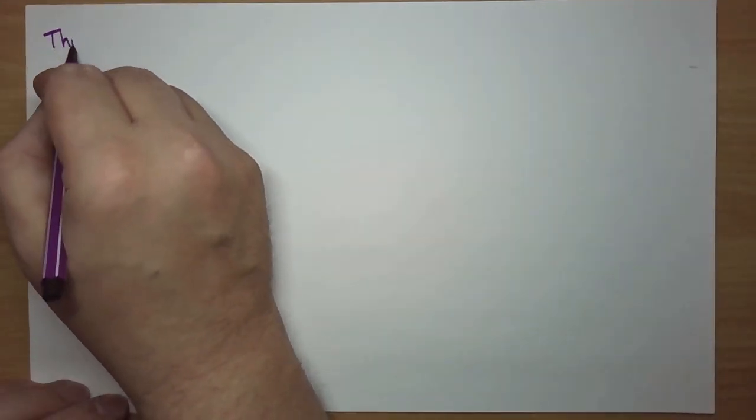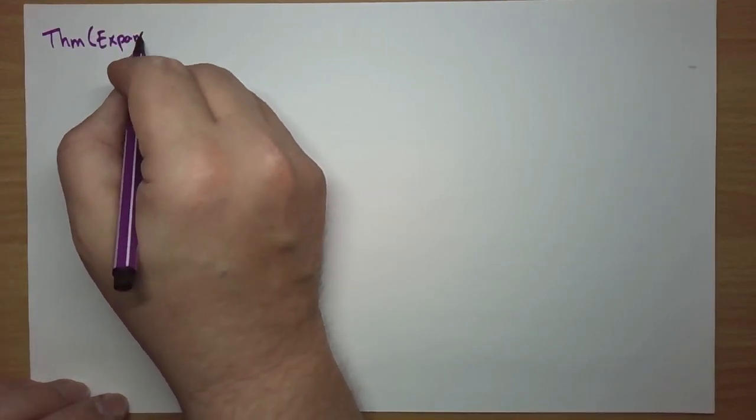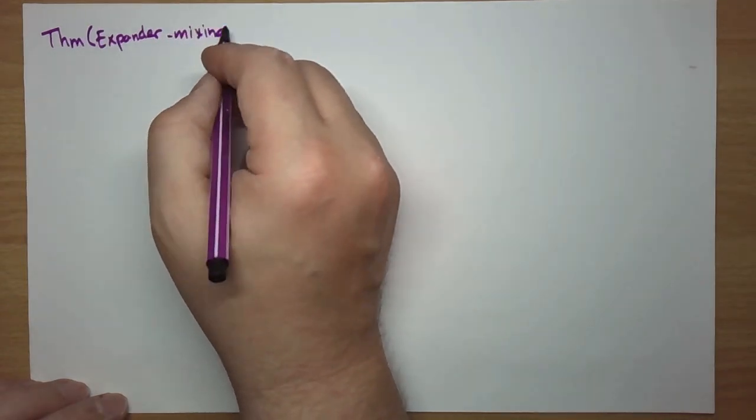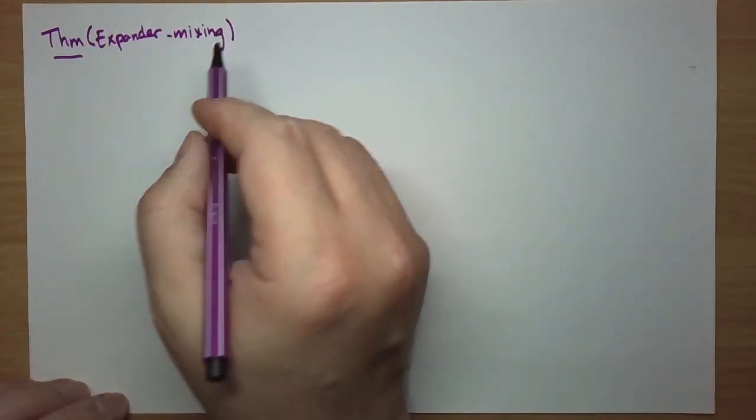So, result. You'll sometimes see this as expander mixing, due to Alon and Chung.